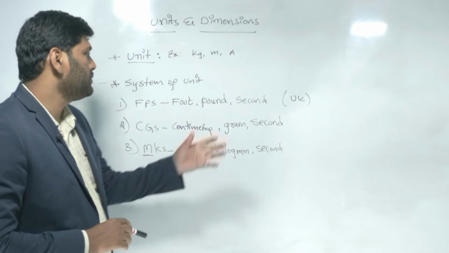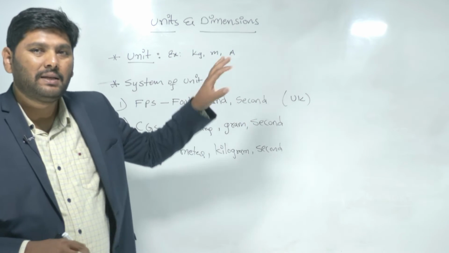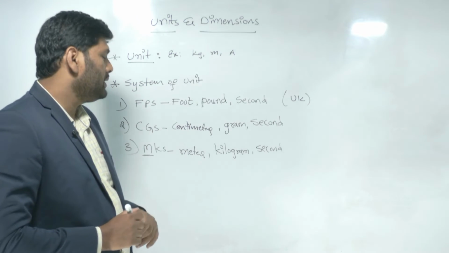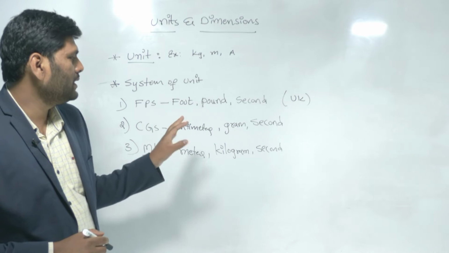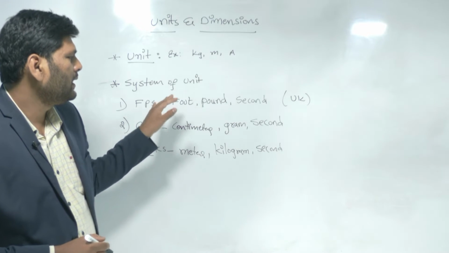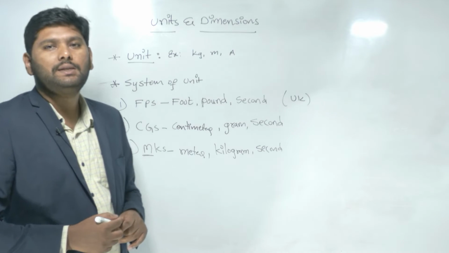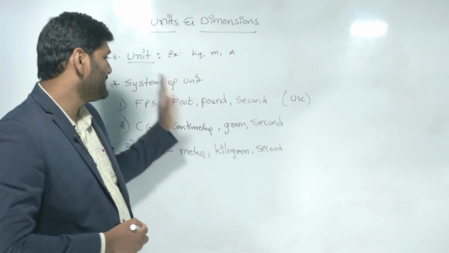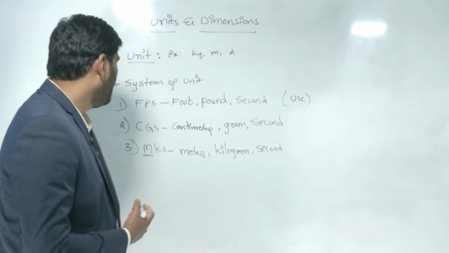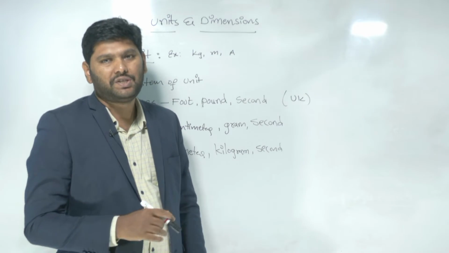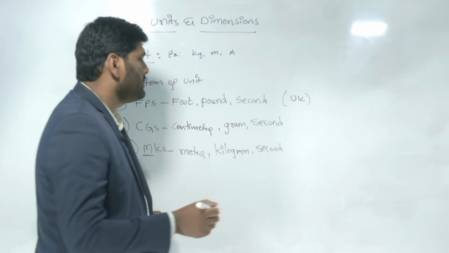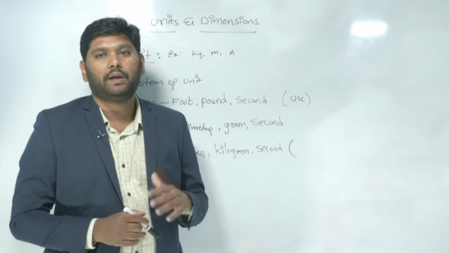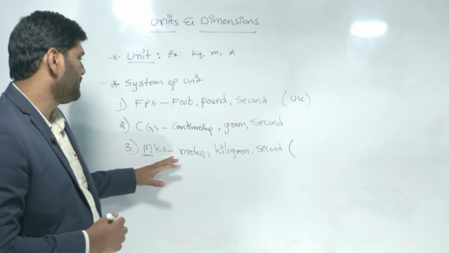Generally, the FPS system is used in the UK and that region. The CGS system is generally used in most Asian countries, and the MKS system is used by American people.